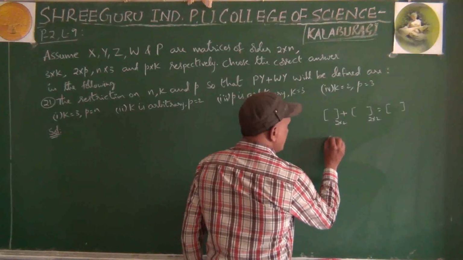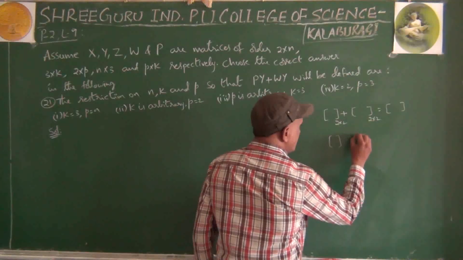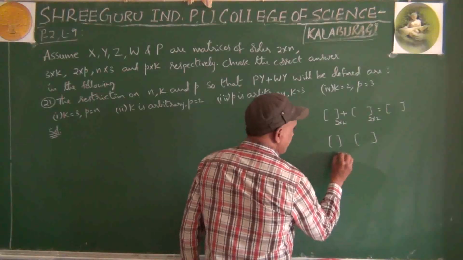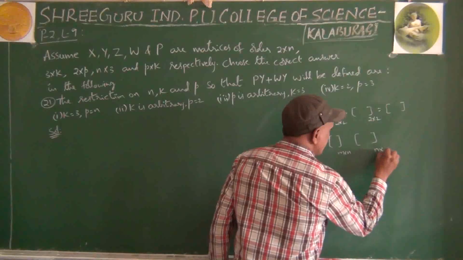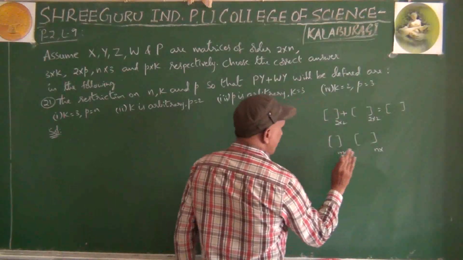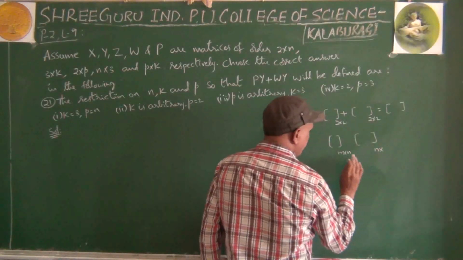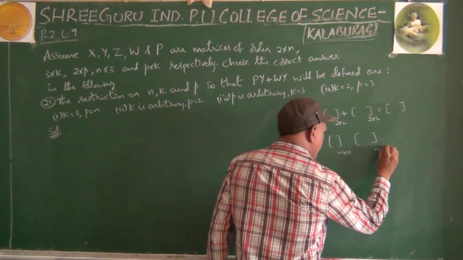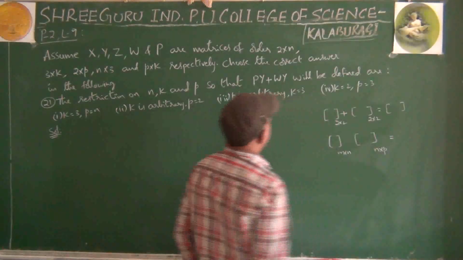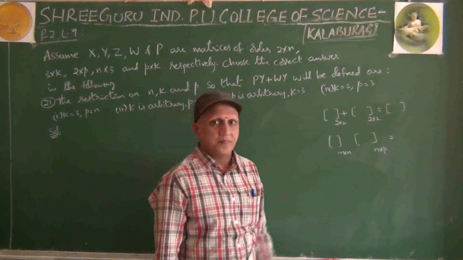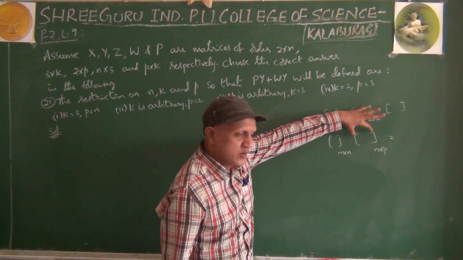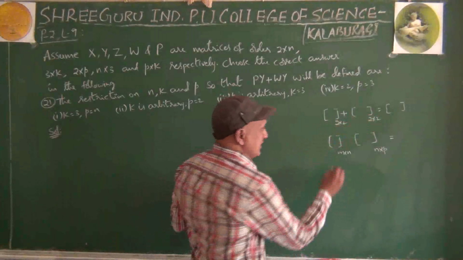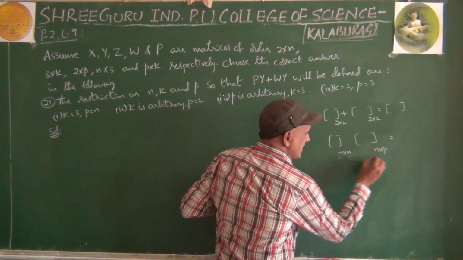If you want to multiply two matrices, I will write n by p. For example, if you want to multiply any two matrices, these are the number of rows, these are the number of columns.